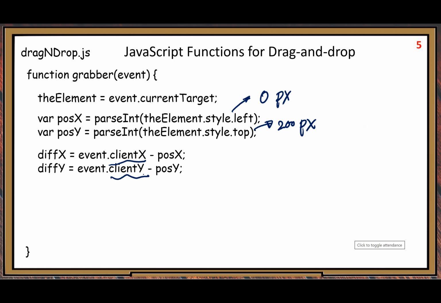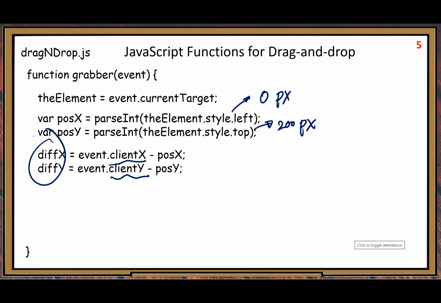So you want to get the current mouse cursor location, then you subtract the original posX, posY. You get a difference. This difference later you will use to set the new location of your GUI element. You want to drag and drop your GUI component to a new location. So we will use these two variables, diffX, diffY, to update the new location of your GUI element.